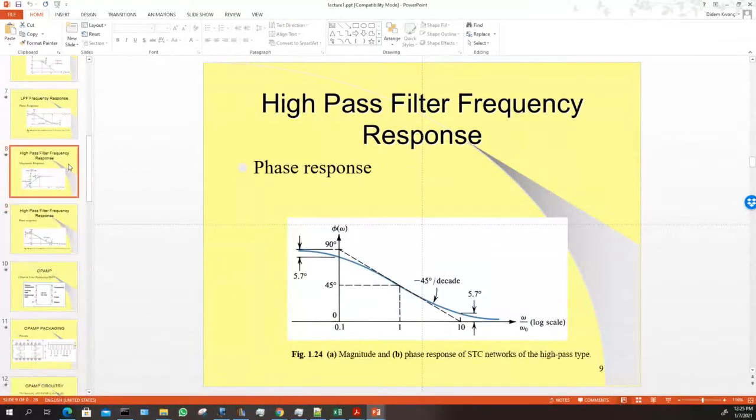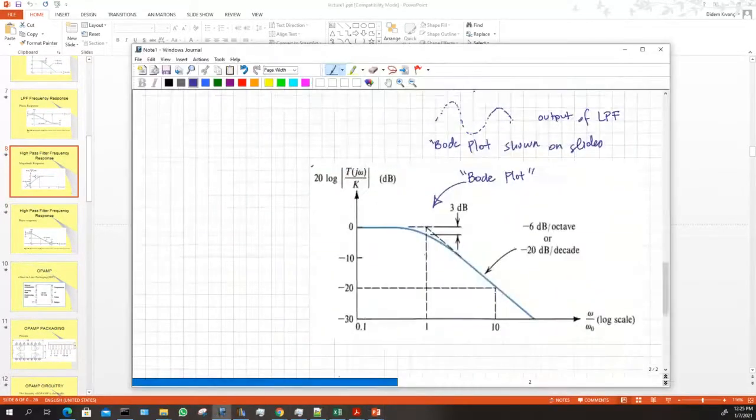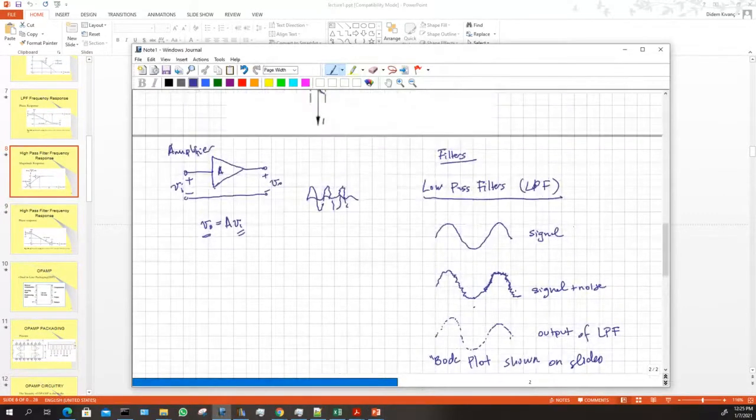Magnitude response, high pass. High pass does the opposite, because sometimes it's the other way around. I'll give you an example. If you have a signal that you're trying to transmit, you know how they have those communication systems for power.